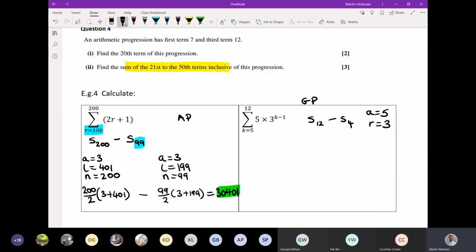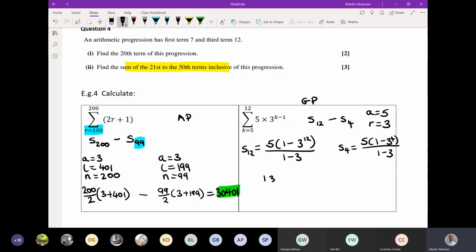So I'm going to find the sum of the first 12 by doing 5, the first term, times 1 minus r to the power of n, over 1 minus r. Find the first 4 terms by doing 5 times 1 minus 3 to the power of 4, over 1 minus 3.